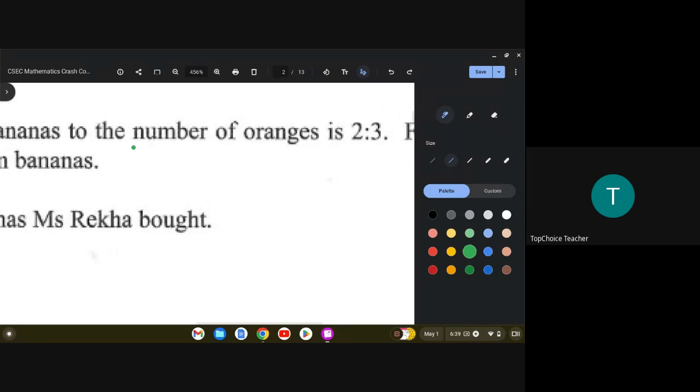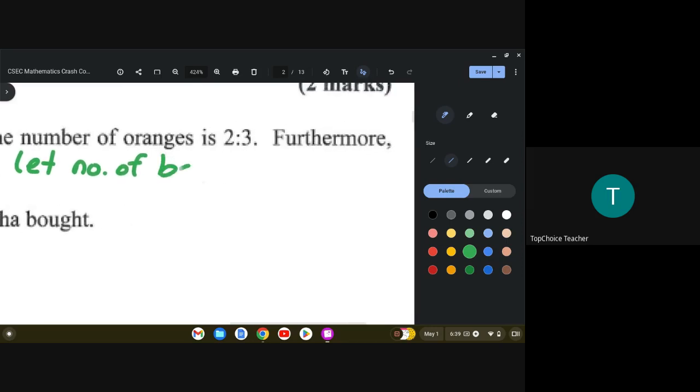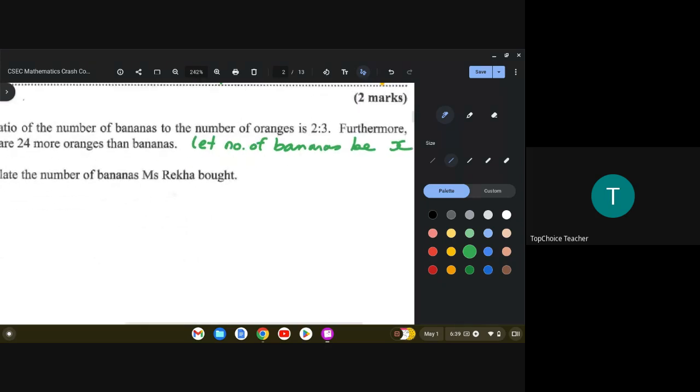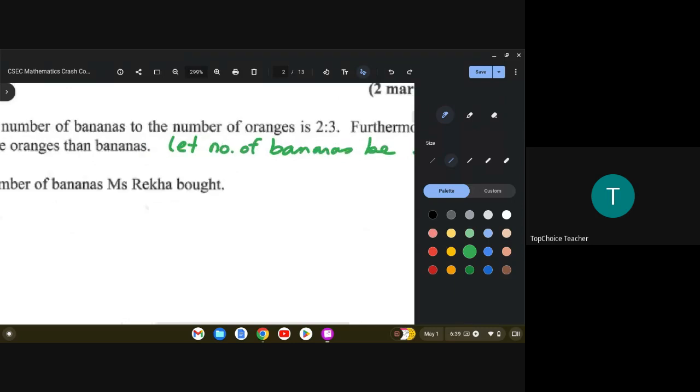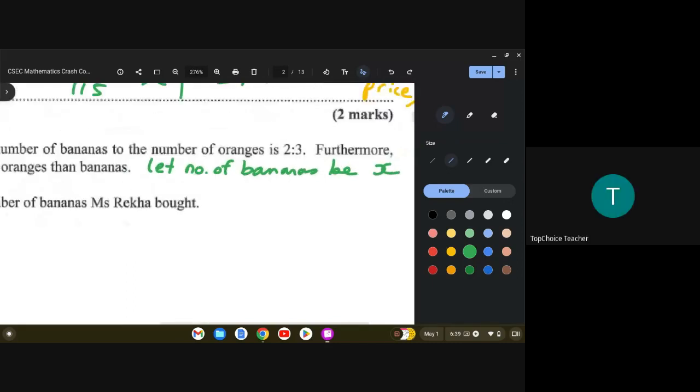Let the number of bananas be X. And if there are 24 more oranges than bananas, what would be the number of oranges? X plus 24. That is true, because if there are X bananas and 24 more oranges, there will be 24 plus X, right?